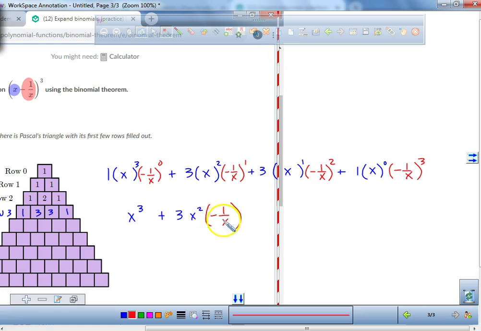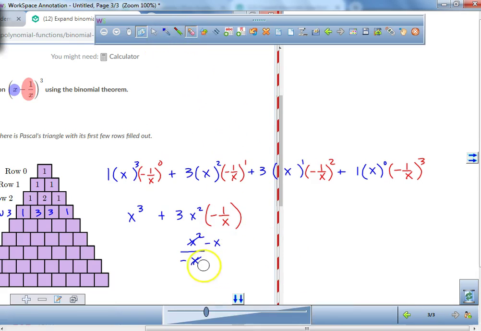So what's going to happen, this x right here, if I have x squared over a negative x, if I multiply those together, what happens? These cancel out, and you just have... All you're left with is a negative x.